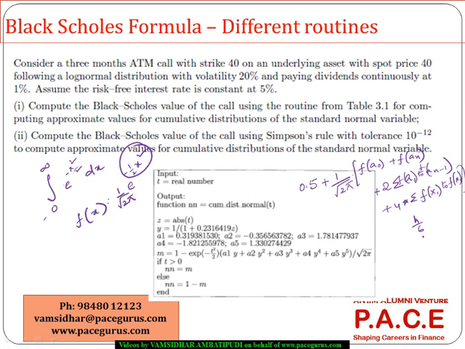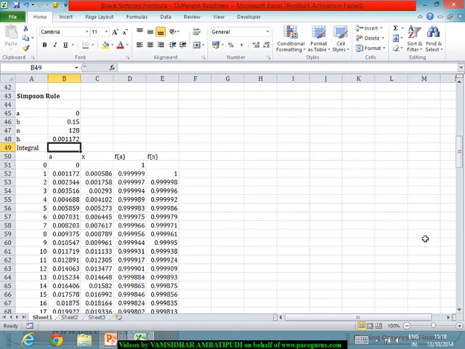So that is the typical formula with respect to the continuous cumulative normal distribution function.